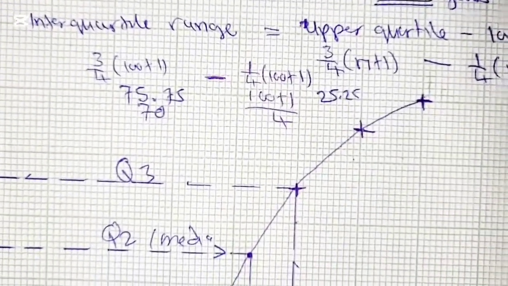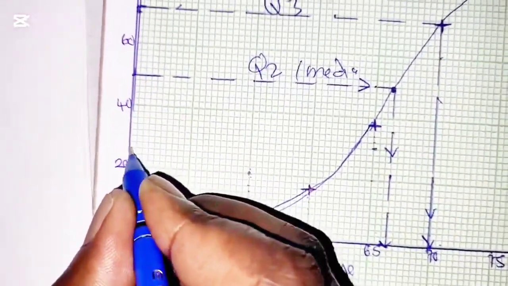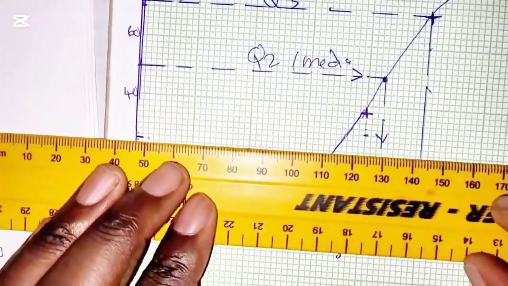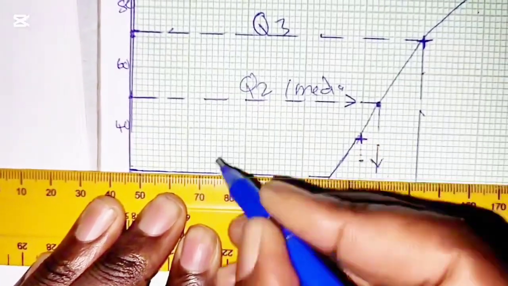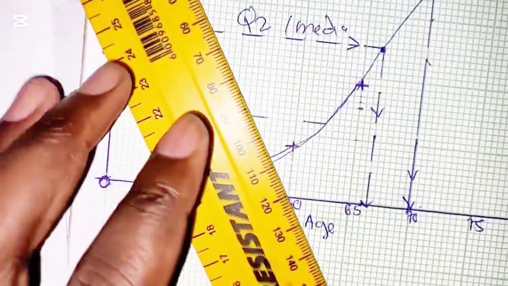So 20 is here, 22, 24, 26, or somewhere here. Right. So that's our lower quartile. This one is Q1, lower quartile.